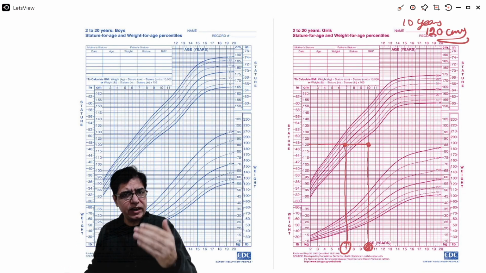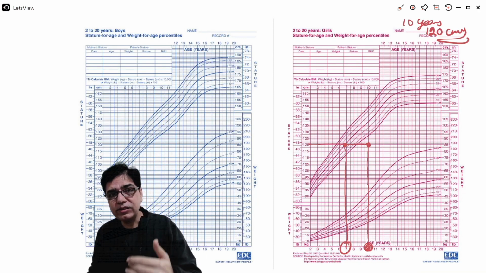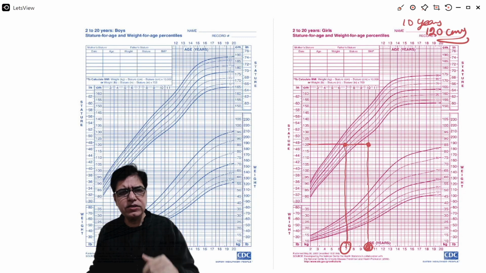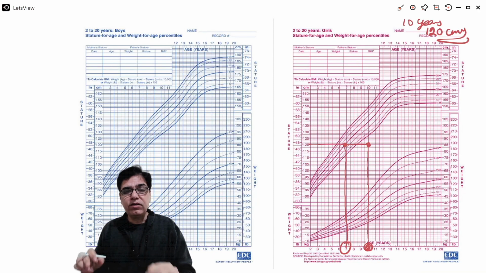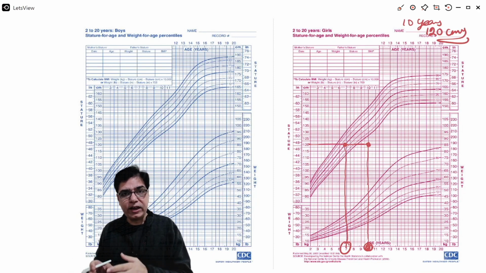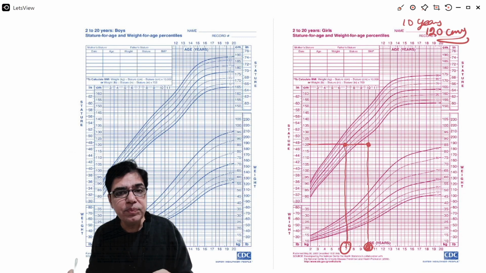So chronological age, again, as I told you, is according to the date of birth. Bone age is according to the x-rays of the left hand and wrist, or maybe other areas depending on the age. And the height age is basically calculated from the height chart. So you need to have the actual height, you plot it on a height chart, and then you draw a horizontal line from that actual height to a point where it crosses the 50th centile, and you draw a perpendicular line beneath that, and that would tell you the height age for that particular child.